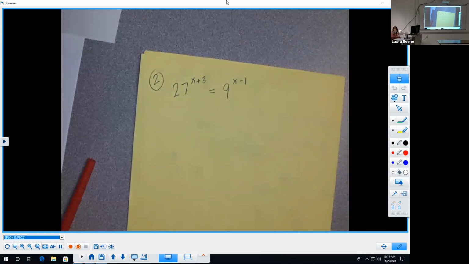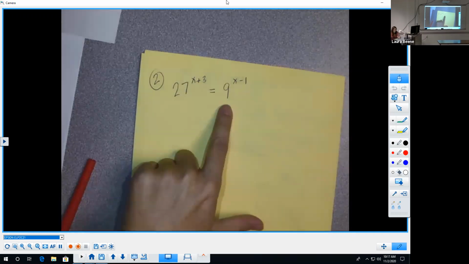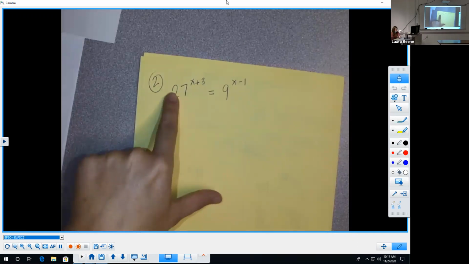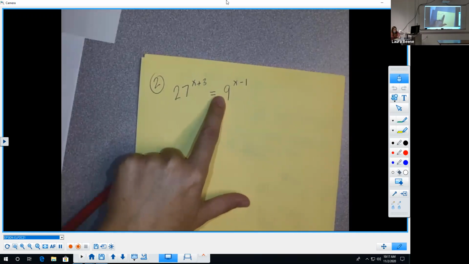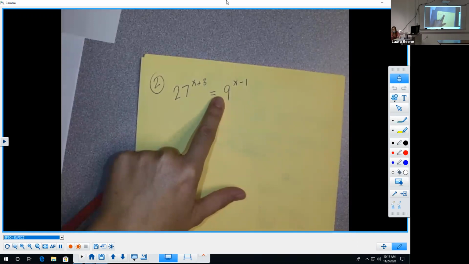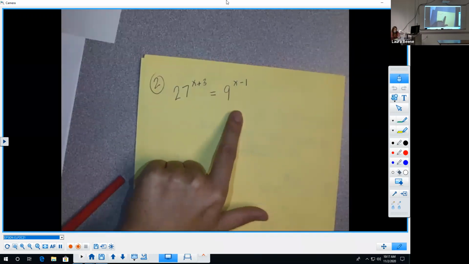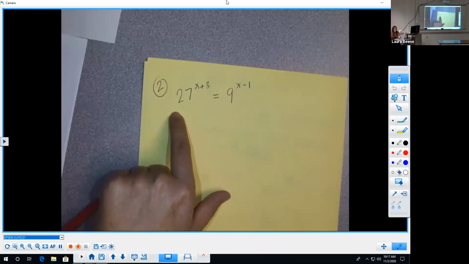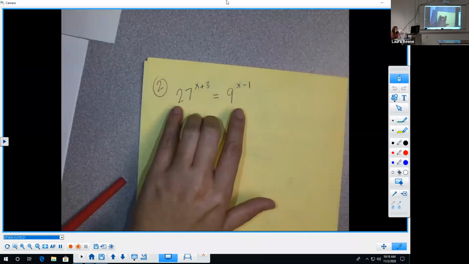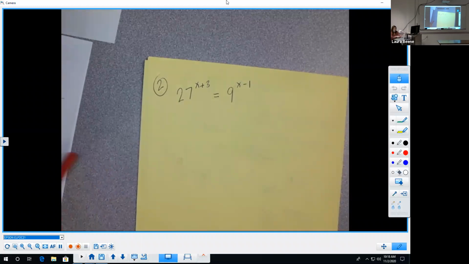In this case, I can't really rewrite 27 as a power of 9 because 9 squared is 81, and there's not really a way to write 27 as 9 to some power. I can't go the other way either. I can't write 9 as 27 to some power, but these are both powers of 3, right?